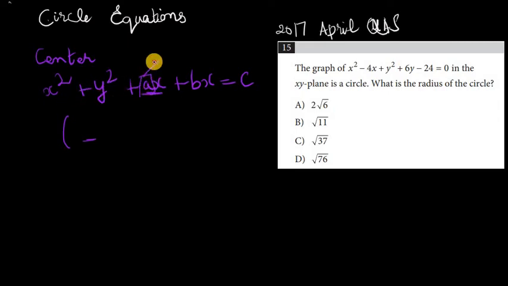Actually, you also have to flip the sign. So I'm going to write those two keywords here: divide and then flip sign. Okay, divide by 2 and flip the sign in your head.